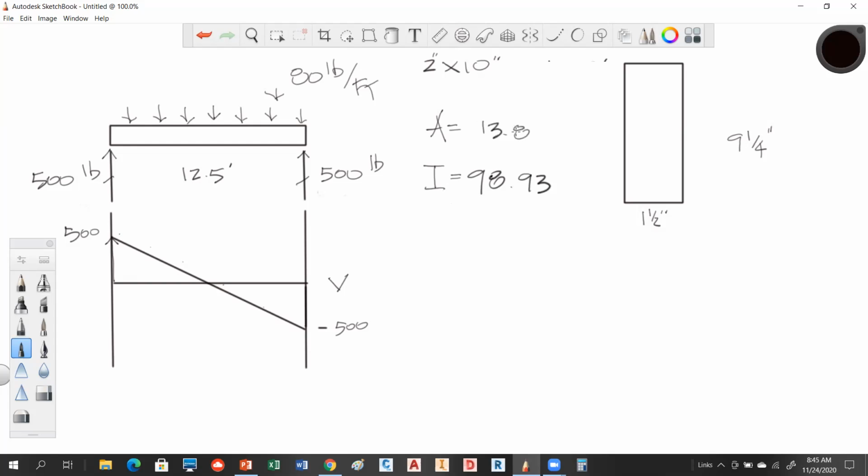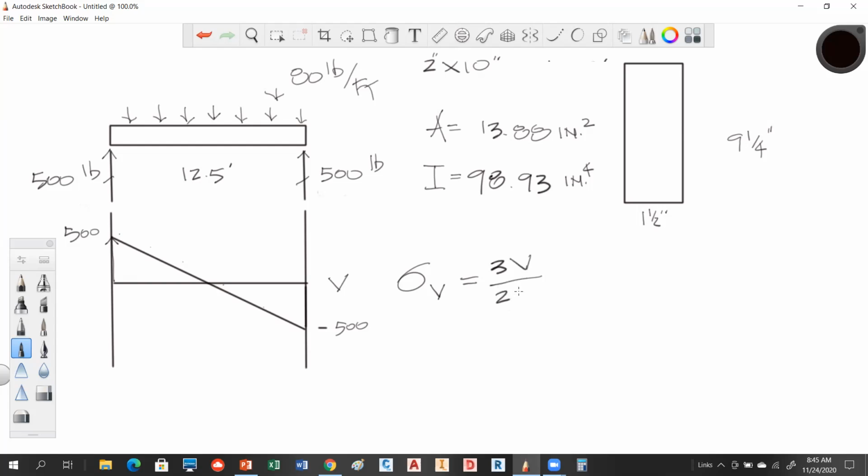So we're going to look at two methods of solving this and show you that we should get the same number more or less. So let's do the easy one first. Shear could be equal to 3V over 2A, right? You guys tell me. 3V over 2A.